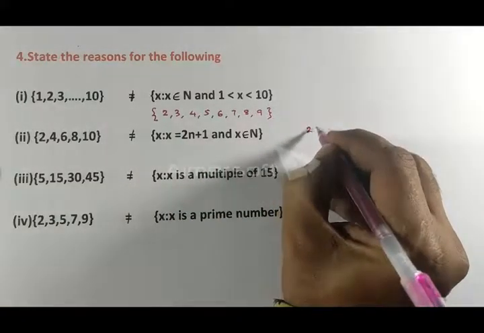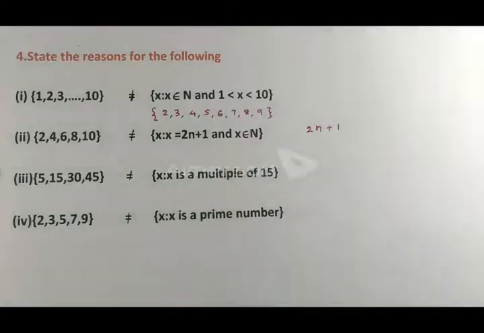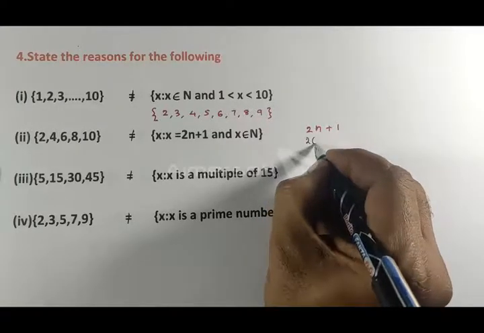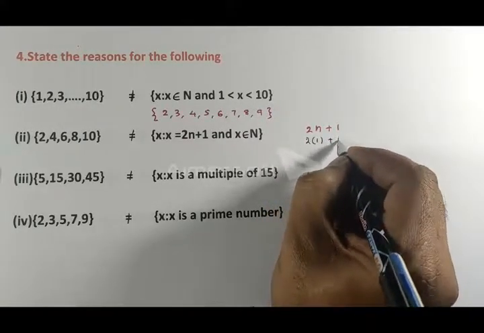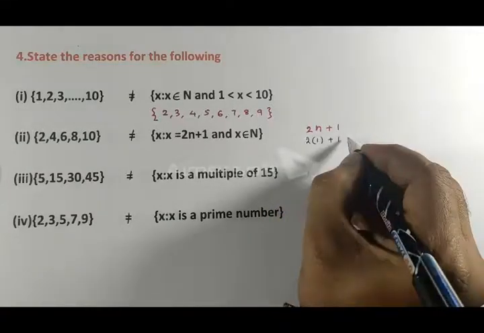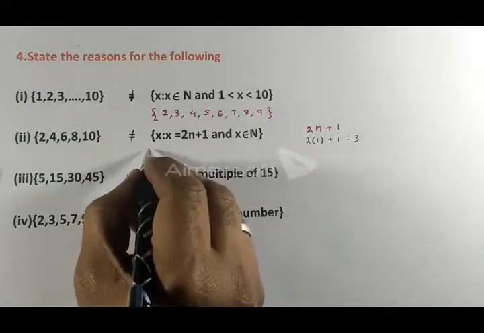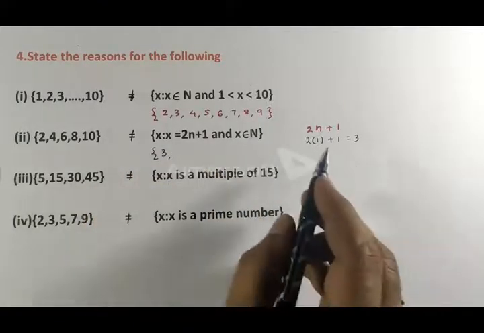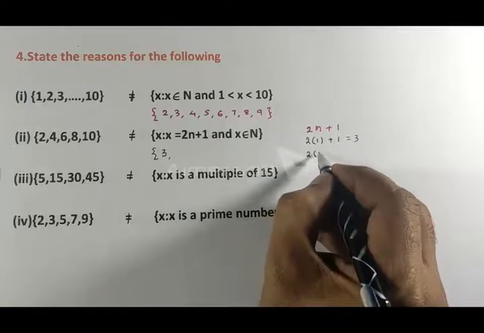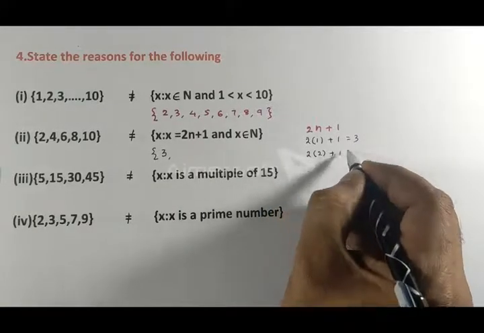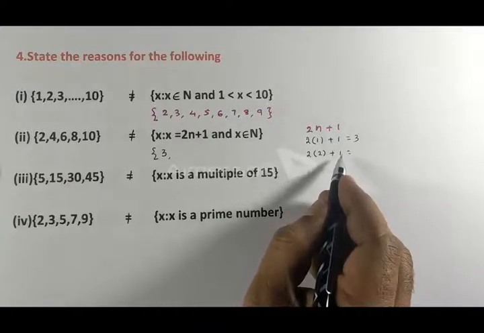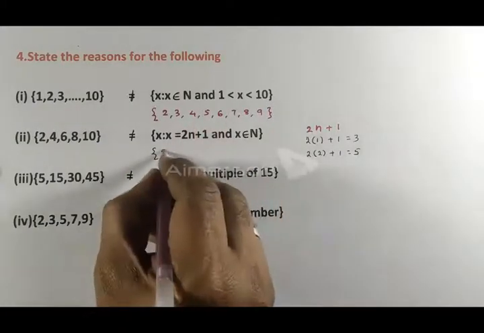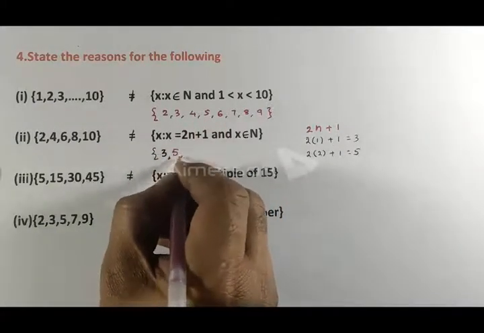For instance, 2n plus 1. We replace n with 1: 2 ones are 2, 2 plus 1 is equal to 3. Next, 2n plus 1: 2 into 2 plus 1, 2 twos are 4, 4 plus 1 is 5.